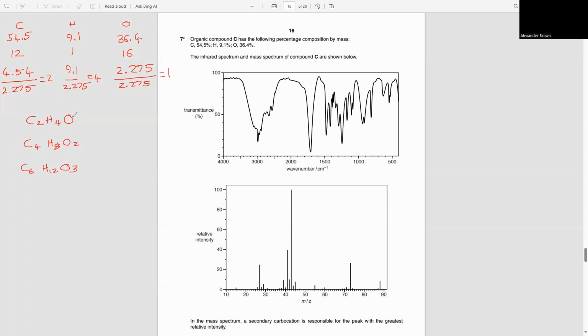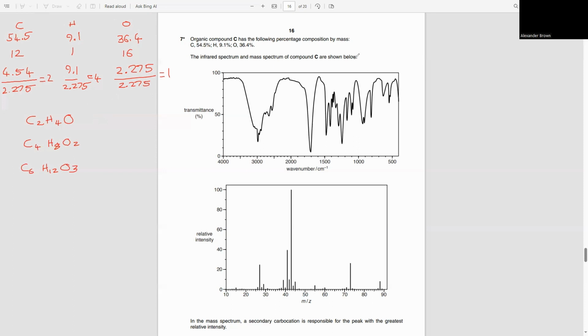C2H4O is the simplest, but that doesn't necessarily mean it's the actual one. We've got to use some of the other information in this question to work out which one is our molecular formula. That's all we can do with the information given by the elemental analysis.